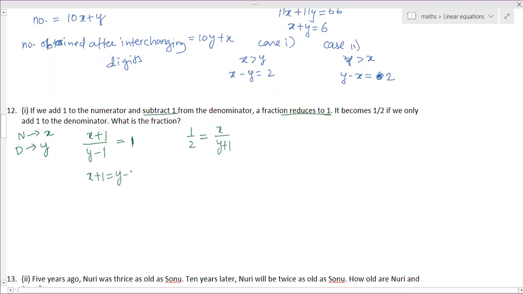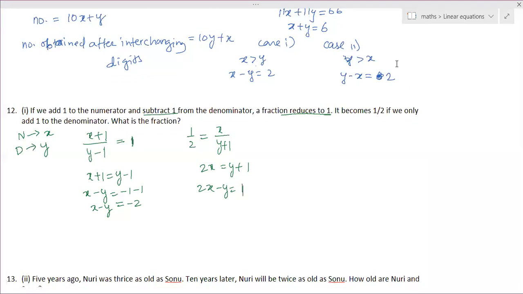X plus 1 is equal to y minus 1. X minus y is equal to minus 1 minus 1, that is minus 2. X minus y is equal to minus 2 and 2x is equal to y plus 1. 2x minus y is equal to 1, and then subtract these two equations. You will get the values of x and y. And you have to calculate the fraction.